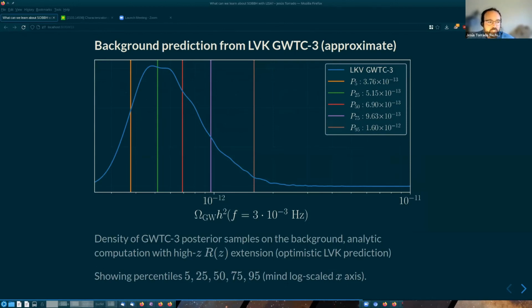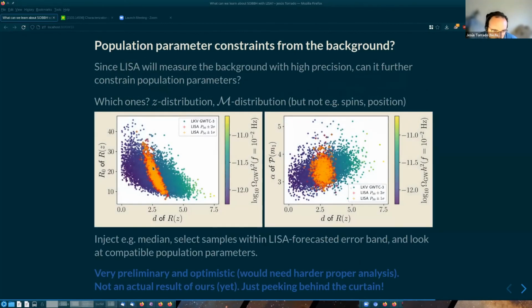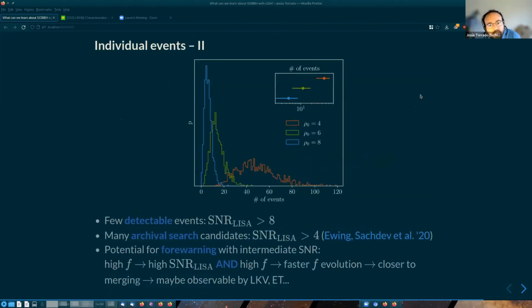So we would have a one-dimensional degeneracy if we only measure the background, along a long posterior. So for example, we can see this narrow band here because we are having LIGO break this degeneracy, and this is the direction of the degeneracy with LISA. But then when we add individual events, there aren't that many. Ideally, yes, but there are only like 10 or so.